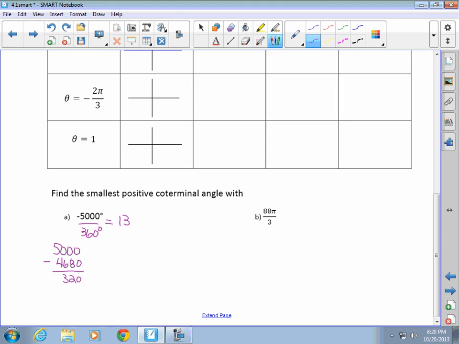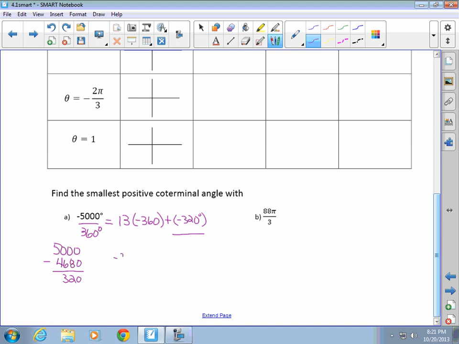So if I do 13 times negative 360, I'm still left with my remainder of negative 320 degrees. So negative 320 degrees is my key here.